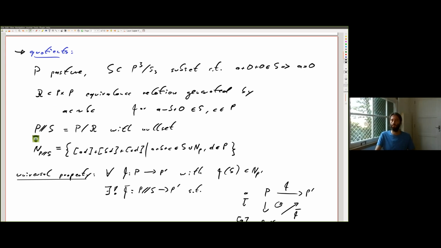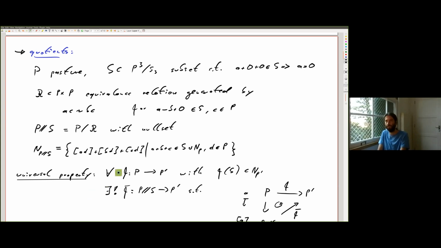So we denote by P double slash S the quotient of P by S, which is the quotient monoid P modulo the equivalence relation, together with a null set that consists of all elements of the form class of A times D plus class of B times D plus class of C times D. Class means class in this quotient, P modulo R, where A plus B plus C is either in the null set of P or in S, and D is any element of P. And this forms a pasture, and it's a quotient because it satisfies the universal property of a quotient.